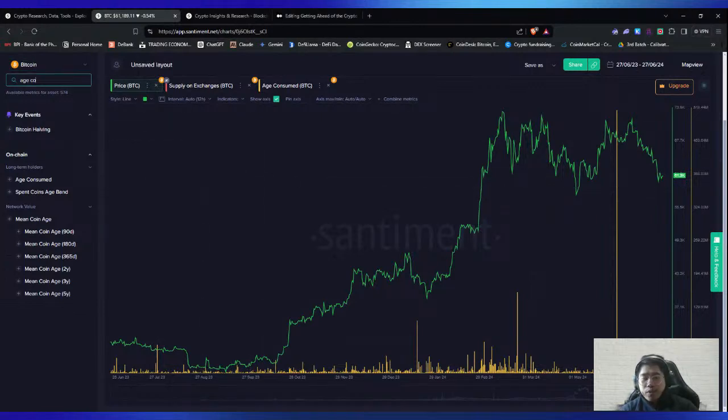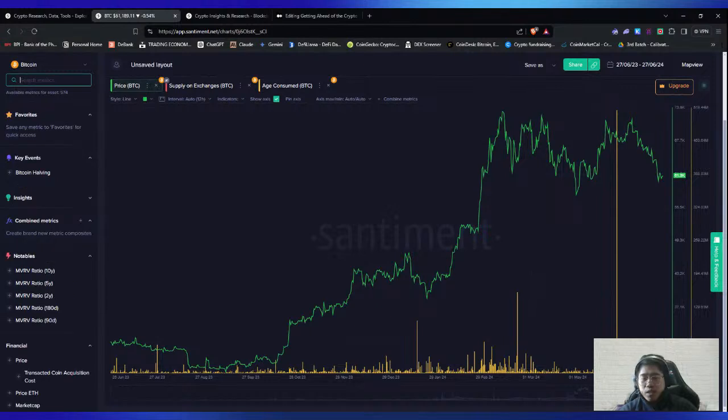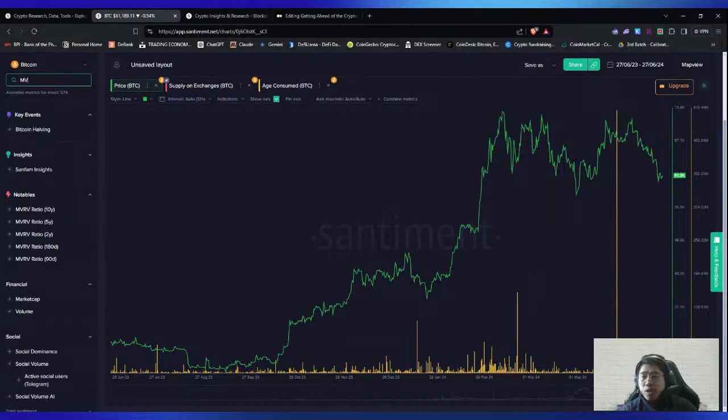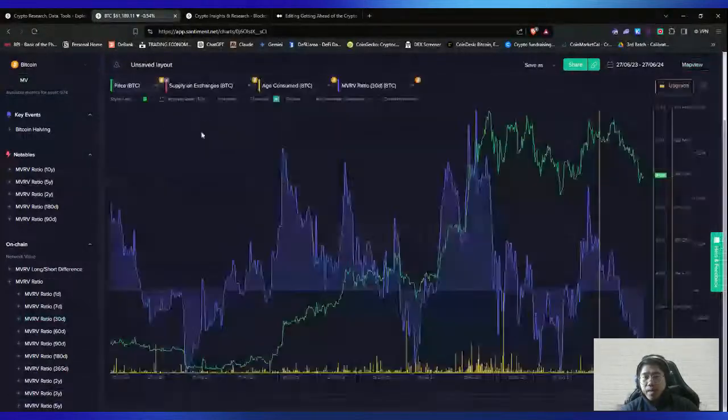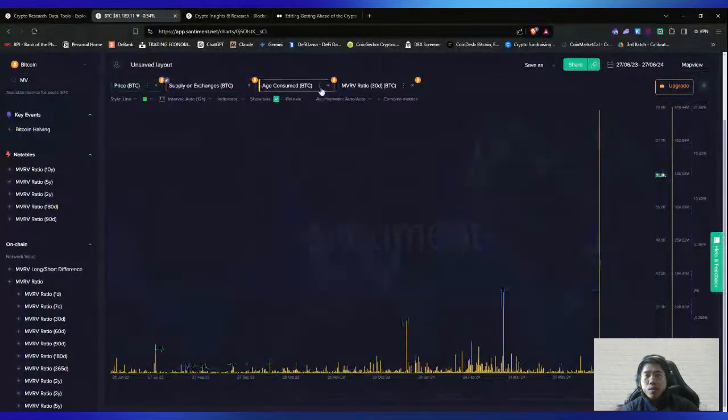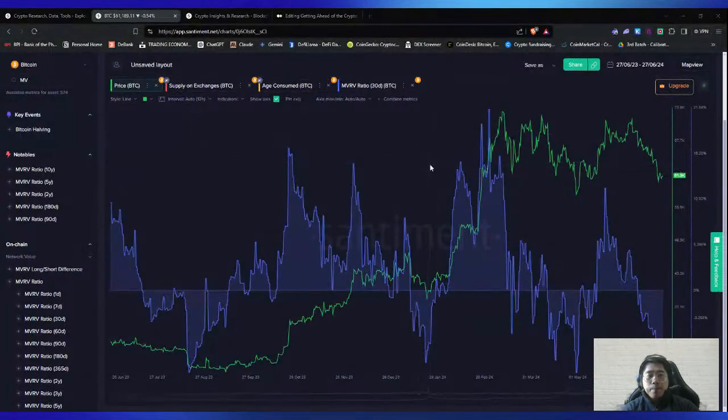Now the last parameter that we would be using is the MVRV. For the MVRV, I would like to use the 30-day MVRV. So let's just click apply again and zoom into the chart. And let's try to hide this age consumed metric. So what is MVRV? MVRV is asset market capitalization divided by the realized capitalization.